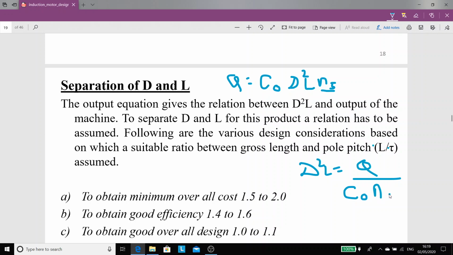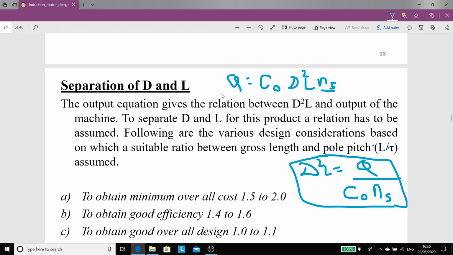Now you get this product of D squared and L, where D and L are the main dimensions. Once you get this product, we have to find out separately the value of D and the value of L. We call this the separation of D and L.